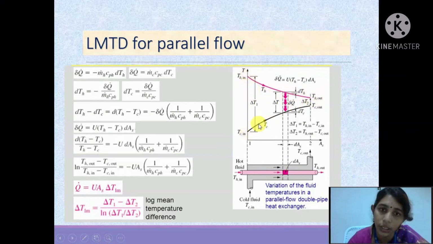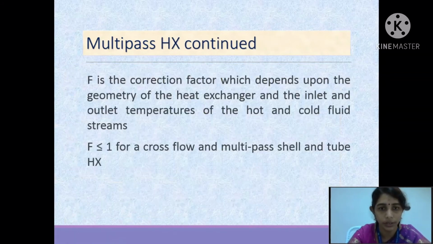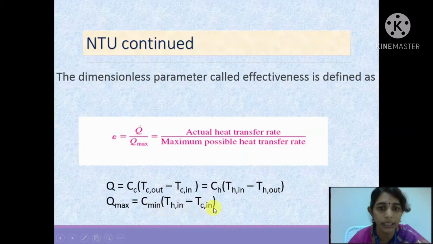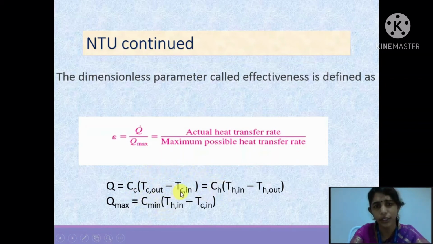When it is cooled down to this much, then I can say there is a maximum possible heat transfer. So that is why we are mentioning here TH inlet minus TC inlet. This is the maximum possible value, where C minimum denotes the least of the heat capacity rate of cold fluid and the heat capacity rate of hot fluid. Whichever of the two is the least is taken as C minimum. So the ratio between these two is going to give you the effectiveness.